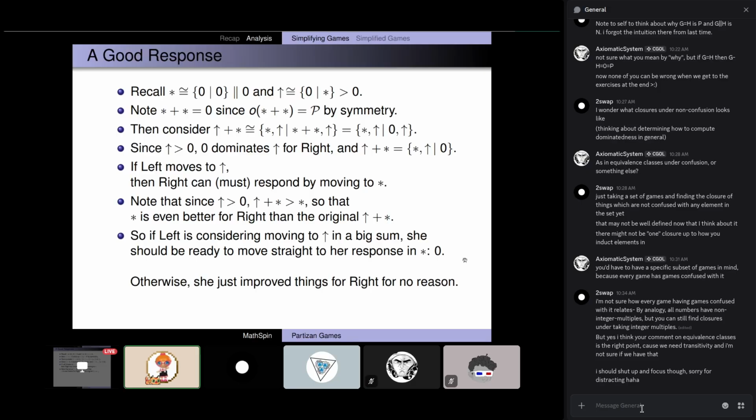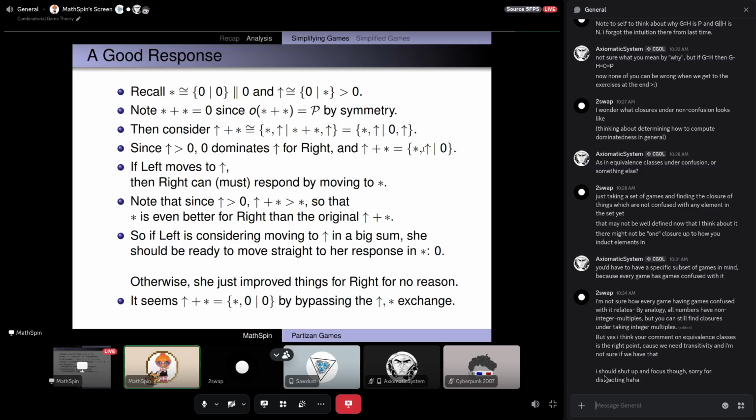And so this is kind of confusing, so I'm going to go to the formal notation I'm trying to lead to, and that might make more sense. What I'm proposing here is that up plus star should be equal to, instead of star and up as the left options, we could replace up with where left is going to end up.